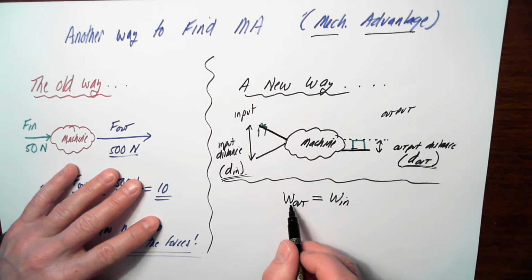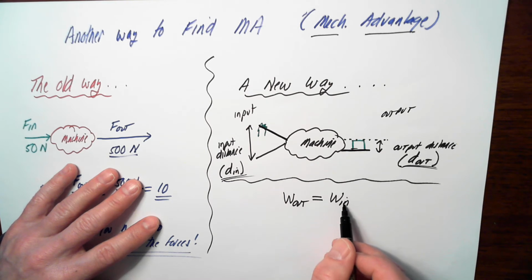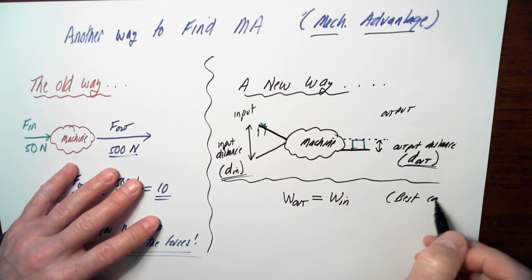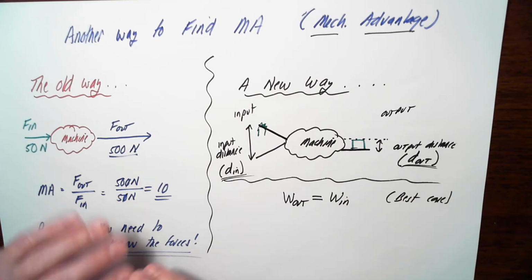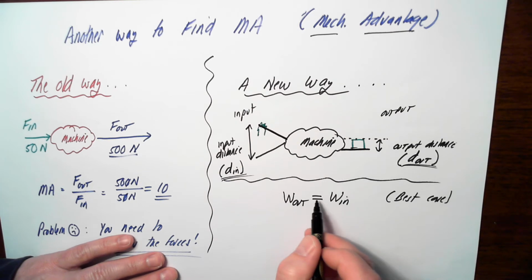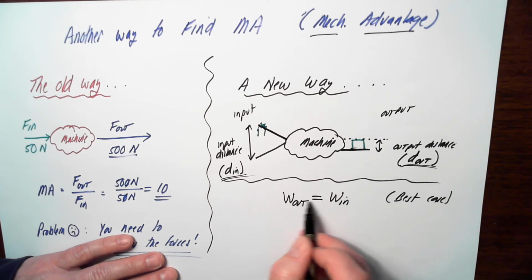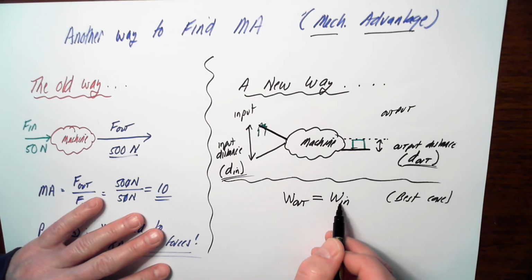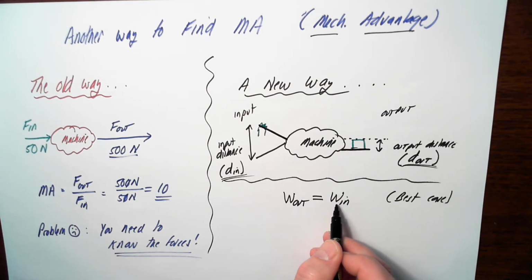If you want your machine to do work, you've got to do work on the machine. Best case scenario, and that means no friction, no squeaking, no noise, no vibration, at least in theory, the work that comes out of your machine could be as much as the input work you put in, but never any more.